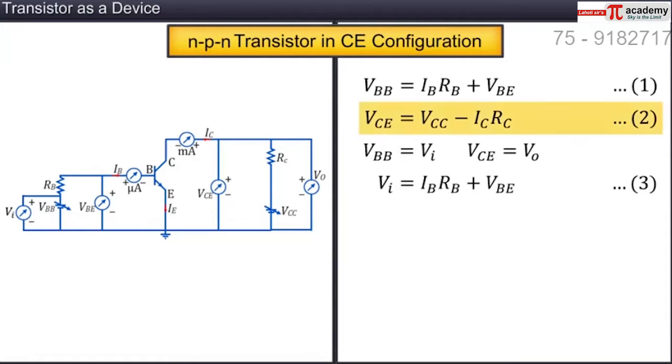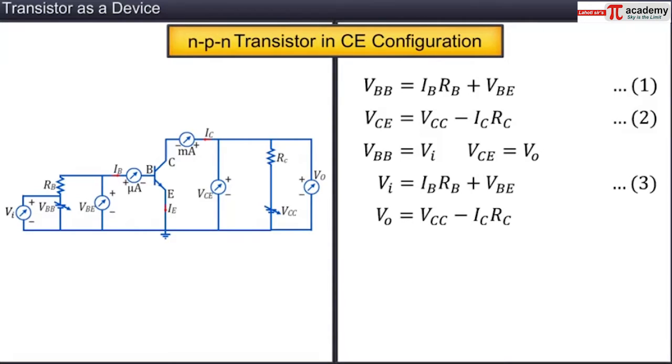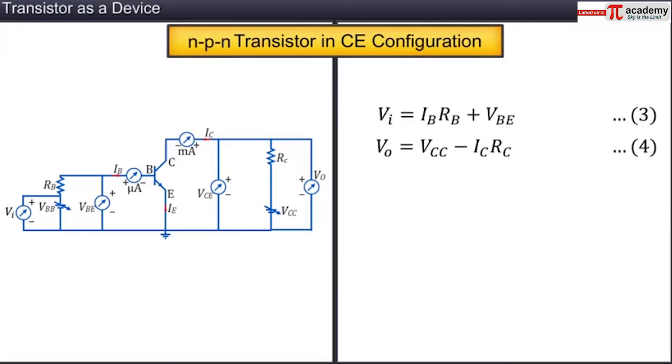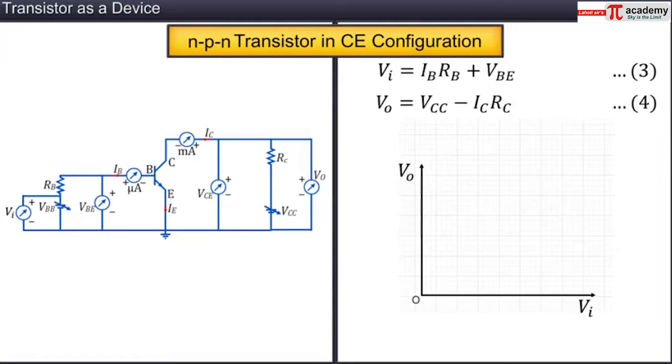And the equation 2 can be written as VO is equal to VCC minus IC into RC. Let this be equation 4. Let us now discuss the change in the output voltage, VO, with the change in the input voltage, VI.